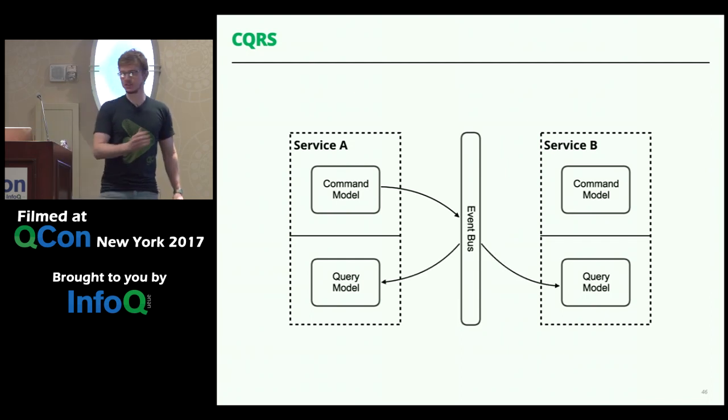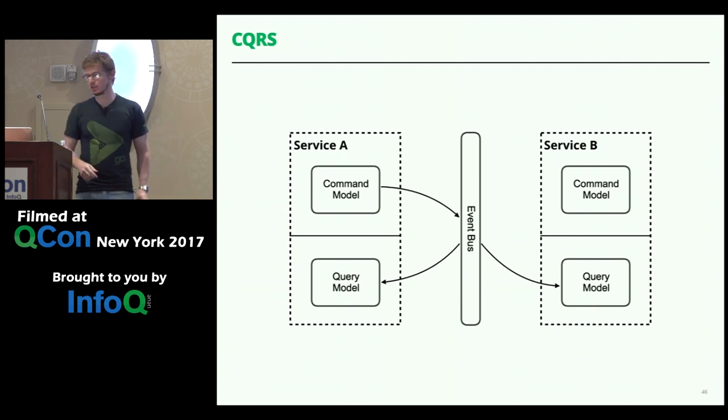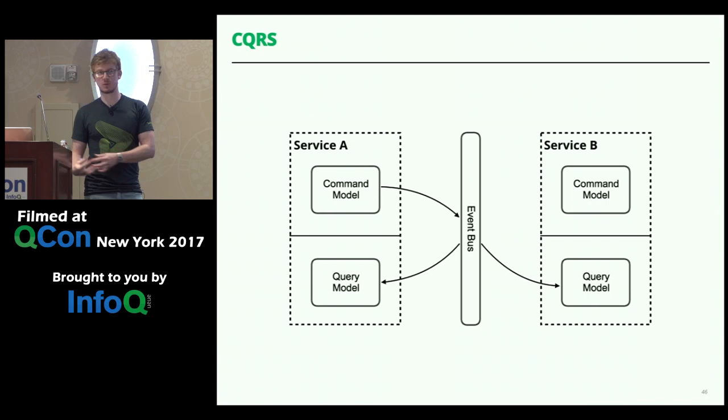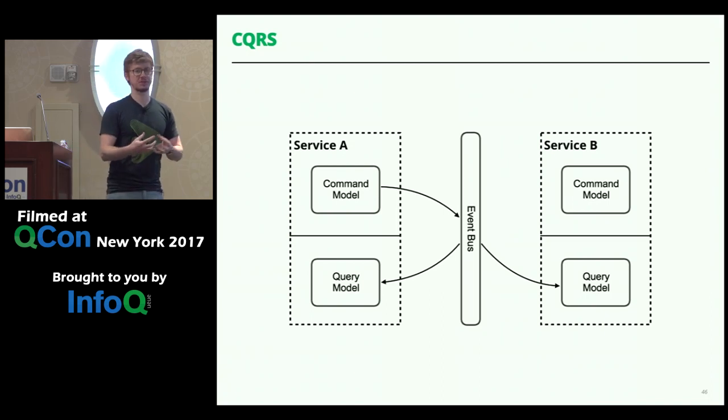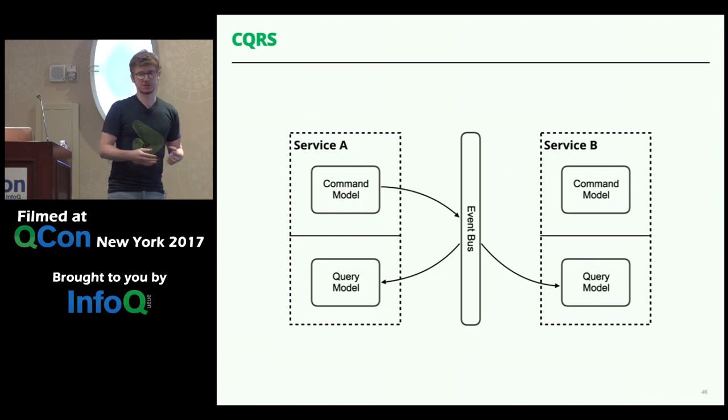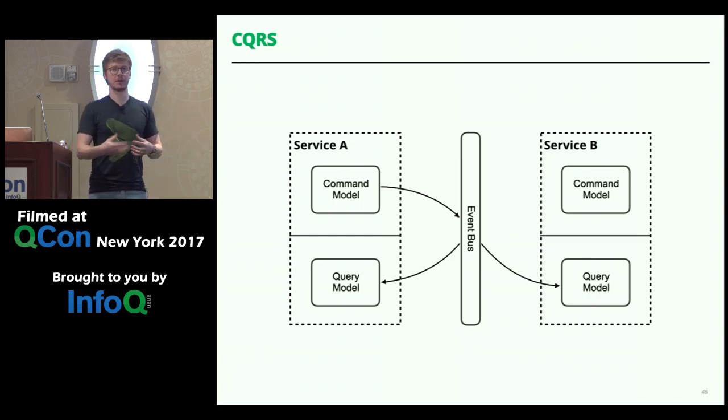both the service A query model will pick up this event in the listeners and update the query model, and the service B query model will also do the same thing. So most probably, the query model in service B will have a different structure, a different representation of the same data as service A, because they might be doing different stuff.